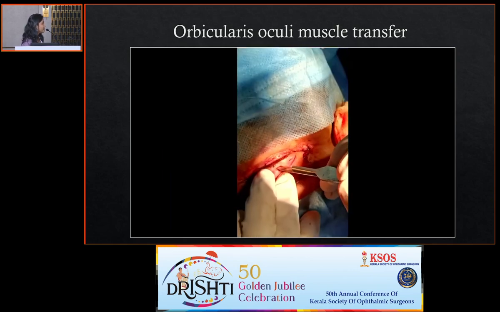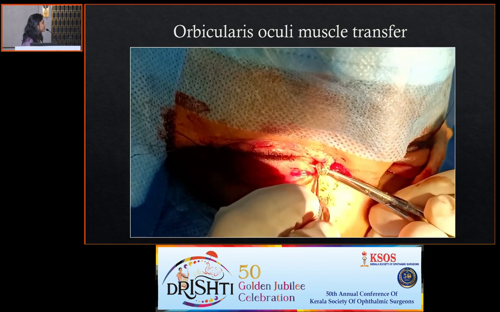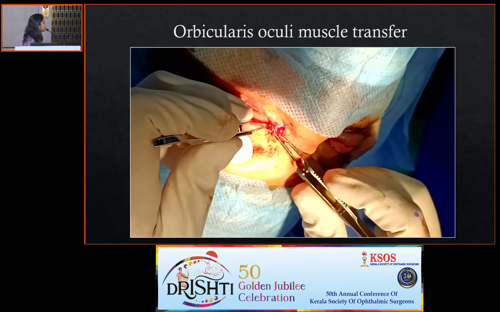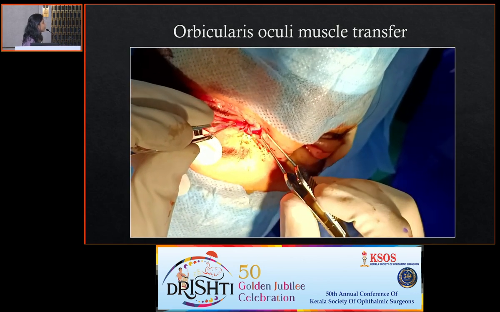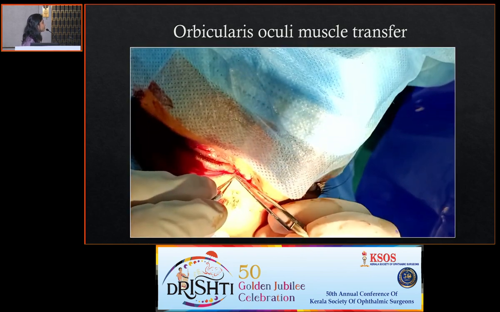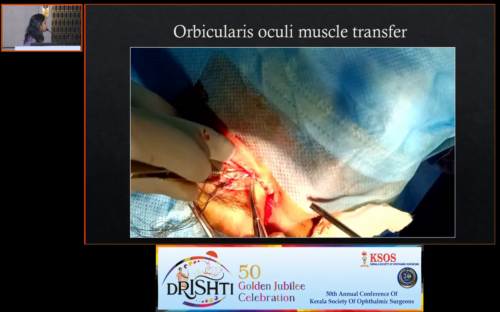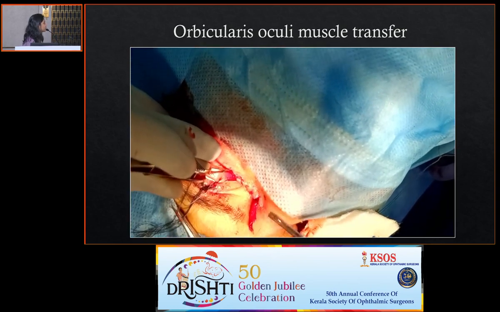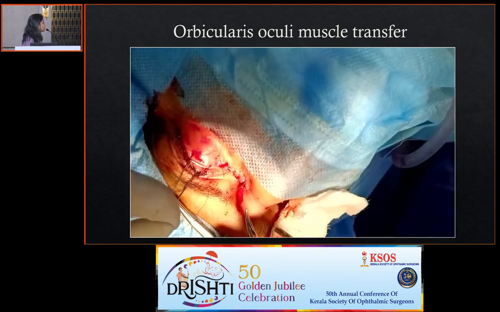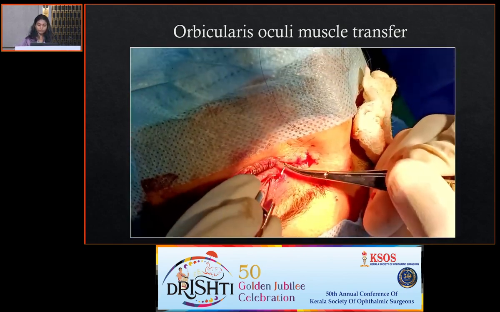So here the muscle is sutured into the pre-tarsal orbicularis on the affected side, and the slits are respectively sutured into the paralytic orbicularis on the affected side using 6-Vicryl sutures. The skin incisions are closed with 6-Vicryl sutures on either side.